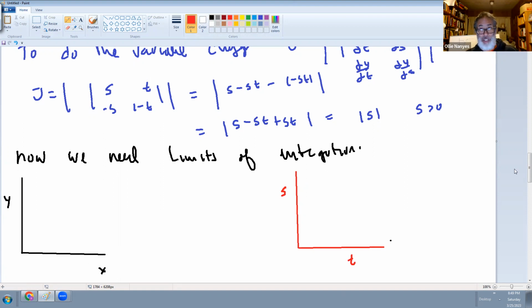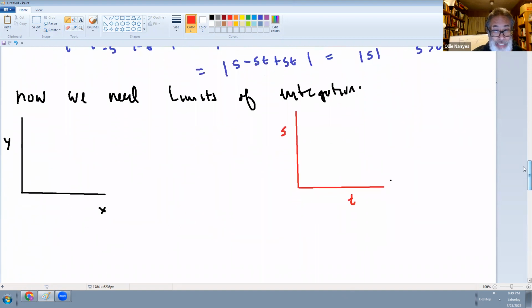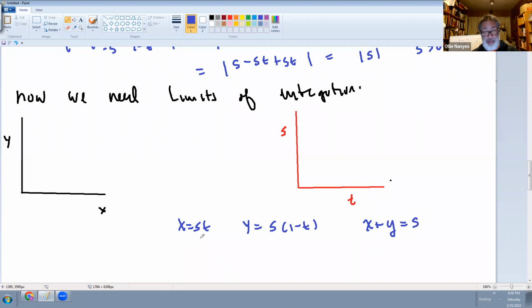Now, the very first thing to notice, remember, X is ST, and Y is S times 1 minus T. And we also know that X plus Y is S. Now, the first couple of things that we notice: if X is 0, that is, if we're along this y-axis, then S is 0 or T is 0.